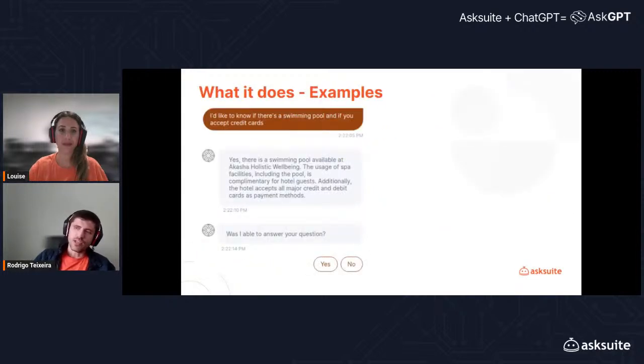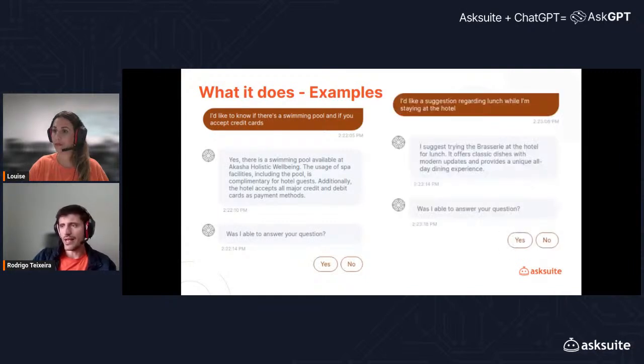Here we have more examples. In this first one, the traveler said, I would like to know if there is a swimming pool and if you accept credit card. In the second one, the traveler asked for a lunch recommendation.